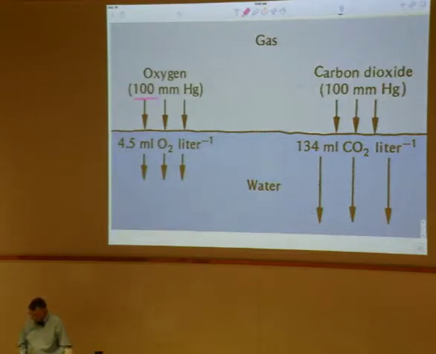So we're at 100 millimeters mercury, so this is a little less oxygen than you'd find at sea level. And in cold water, you'd have about 4.5 mils of oxygen per liter. But compare that to carbon dioxide. If you artificially put way more carbon dioxide in the air than there is, and you had 100 millimeters of mercury partial pressure of carbon dioxide, you'd actually have more carbon dioxide in the water at equilibrium.